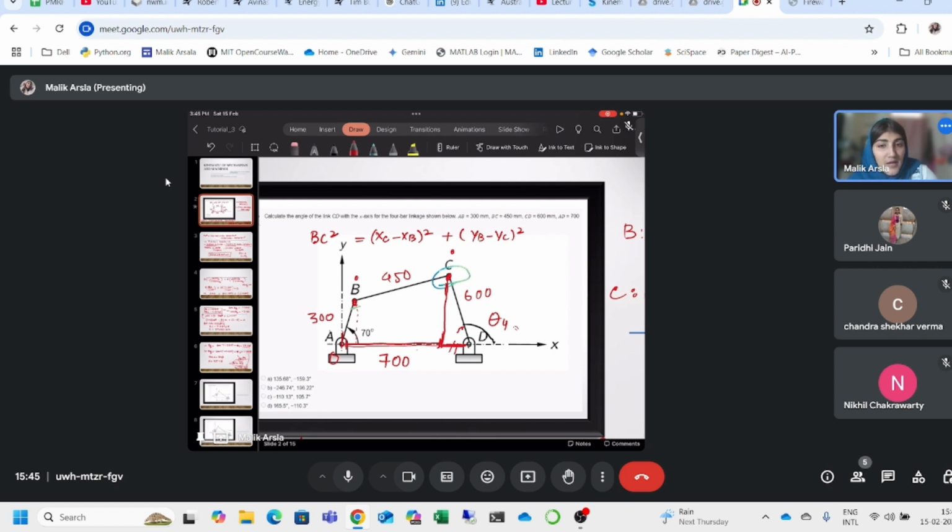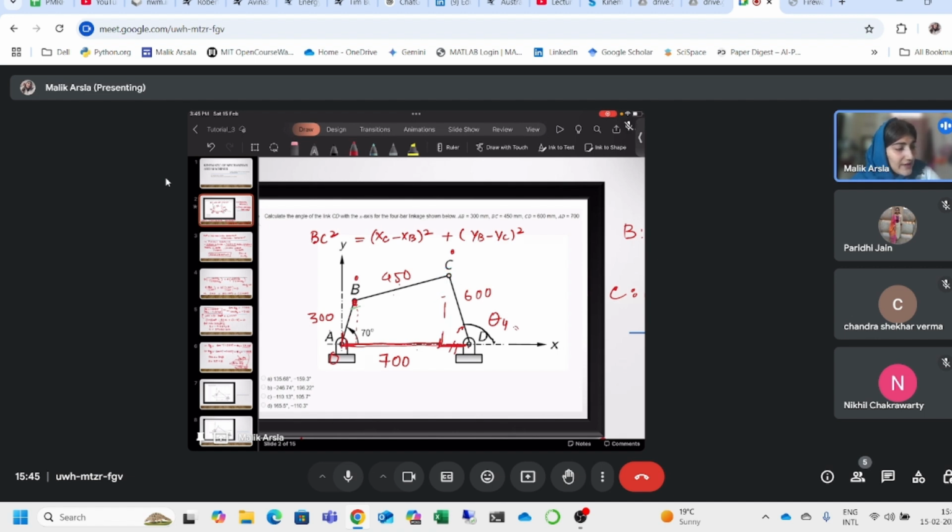In another way, you can draw a perpendicular here, as some student was saying, and write this as 300 cos 70 degree plus 450 cos of this angle. You will have to figure out this angle. That is one way of doing it, but I have done it in another way, so I'll stick to that.